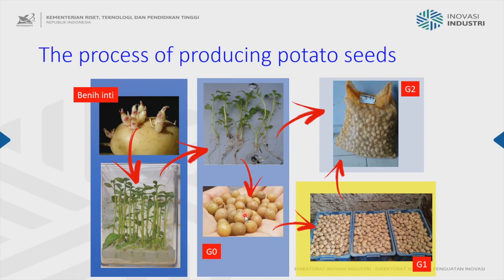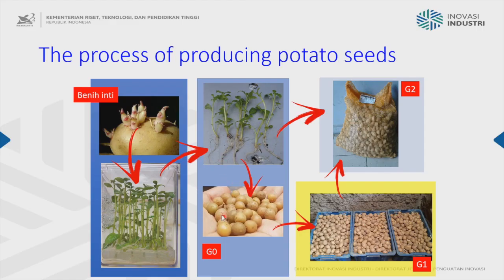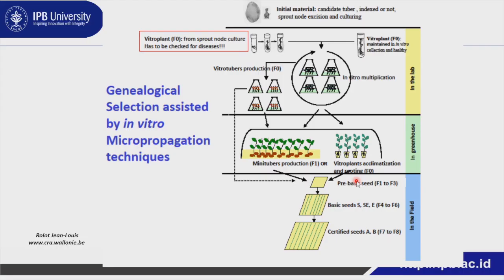And after that we can do acclimatization, transfer it in the fully protected greenhouse to get G0, as we call it in Indonesia, and we can continue to produce the G1 and the G2. G1 is produced in the greenhouse but not really protected, and G2 we usually produce in the field.